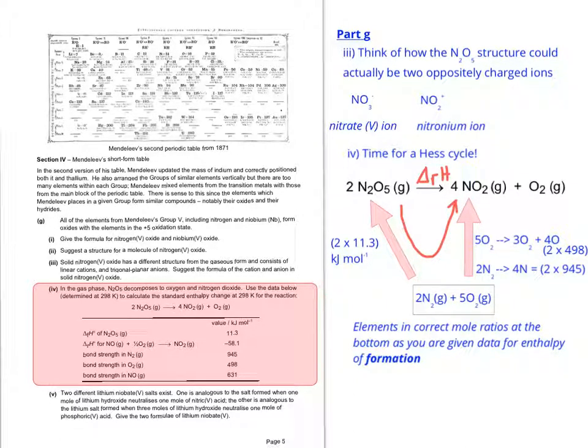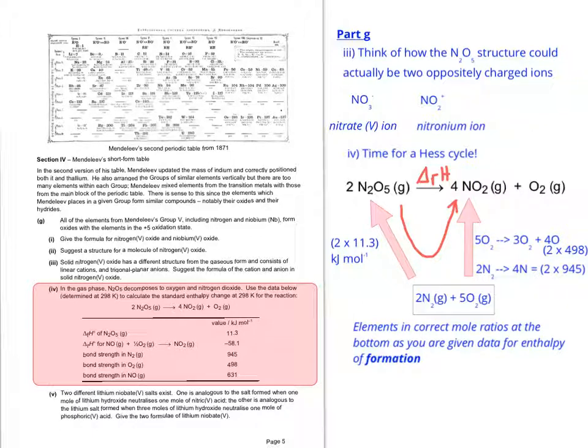Now at the same time, I need to create 4 oxygen atoms from my 5 O2s. So I take 2 O2, so that's 2 lots of 498, to make 4 oxygens, and I already have 4 nitrogens, so I have the ingredients to make 4 lots of nitrogen monoxide, from which I can go on to make 4 lots of nitrogen dioxide.